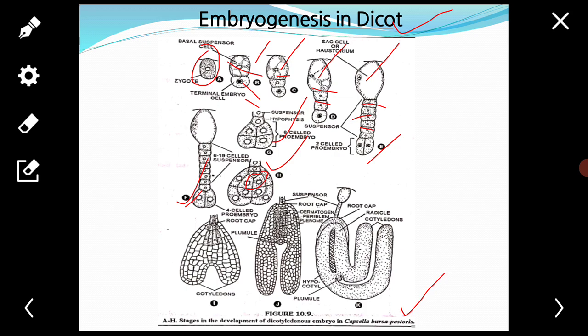The 8 protodermal cells divide by anticlinal divisions to form the embryonic surface layer, which means the epidermis.